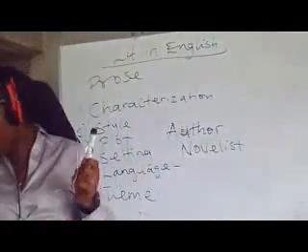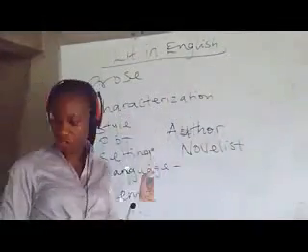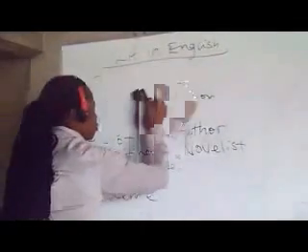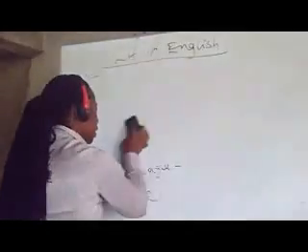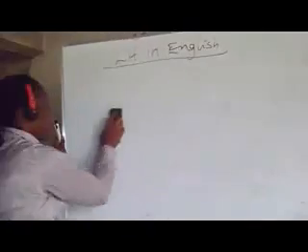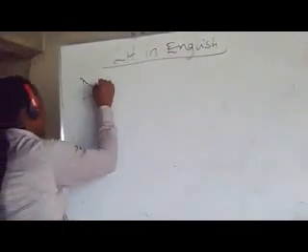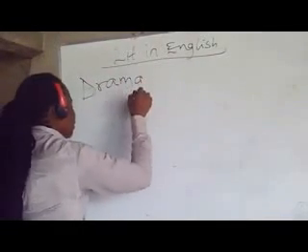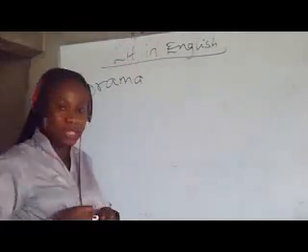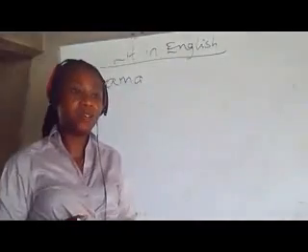So we now move to another branch of literature. Let's take drama and its characters. What did we say a drama is? Drama is a branch of literature that is being acted on stage. Usually, before it's being acted on stage, it is being written.